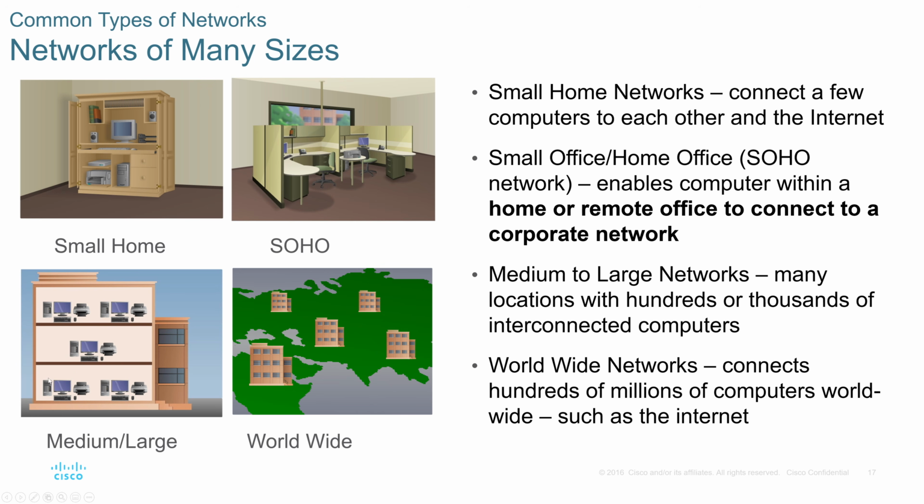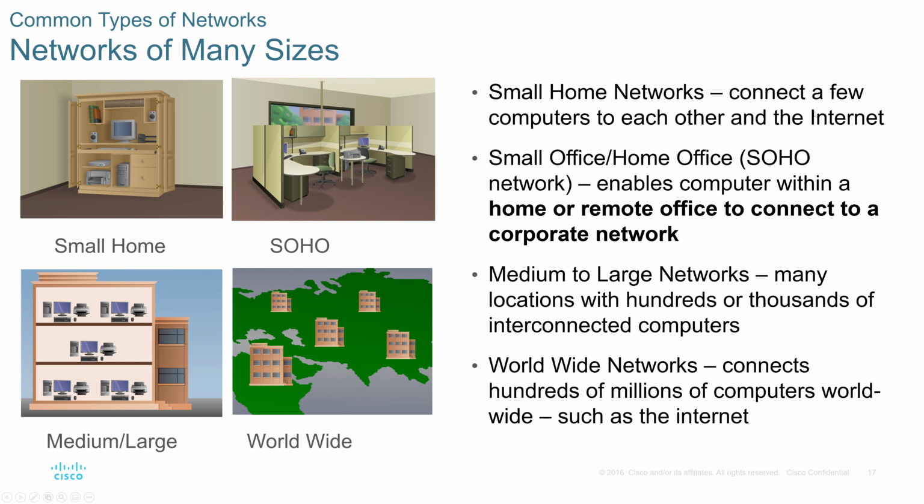Medium to large networks, seen typically in private companies, small companies, as well as government agencies with a particular specific location. And worldwide networks, which are large interconnected global networks, such as shipping companies, for example, all the way to credit card companies and the internet.